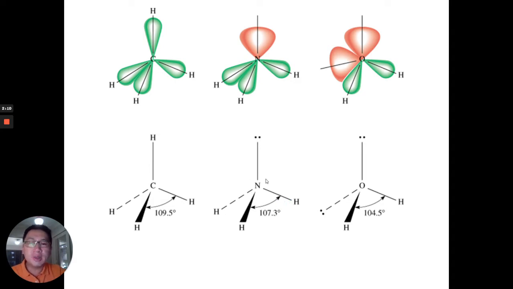So the overall shape looks like tetrahedral, but this unshared pair of electrons actually repels these other electrons, pushing these shared electrons a little bit more, such that the angle is a little bit less than 109.5. In this case, 107.3. Though it's not much difference, it is technically a little bit less.